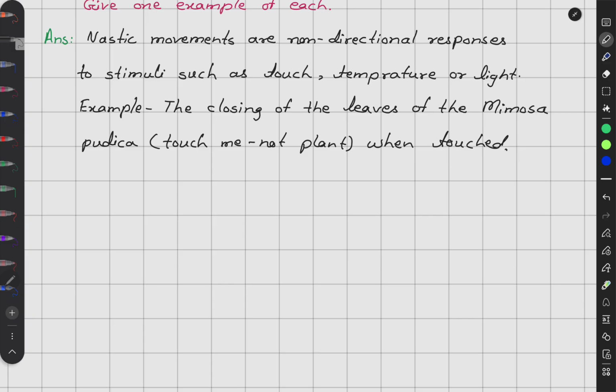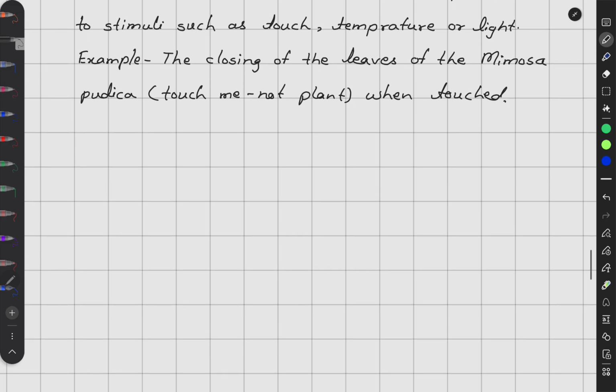So nastic movements are non-directional responses to stimuli such as touch, temperature, light. Example, the closing of leaves of the mimosa pudica when touched.